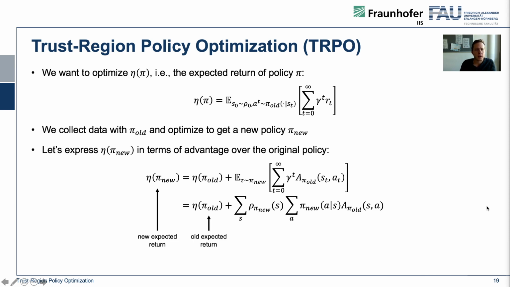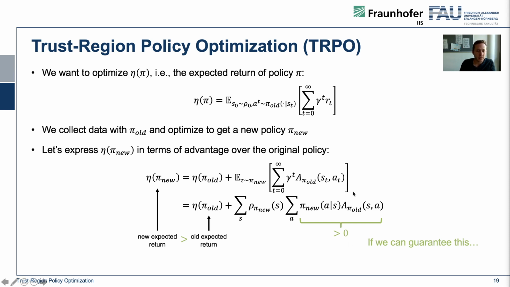Now, this is the new expected return, this is the old expected return. If we can guarantee that the advantage of the actions that we took in the new policy is positive, then we can also guarantee that the new expected return is larger than the old expected return. This is different from what we did so far, because in the beginning we just put in the gradient and updated, and expected good things to happen.